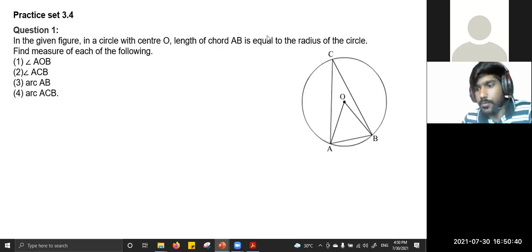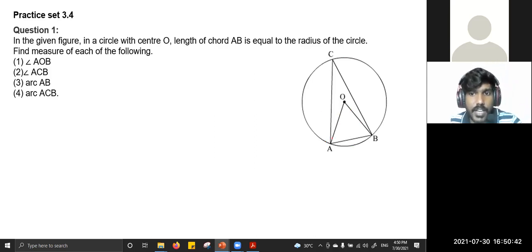Now question 3. So what will be measure arc AB? This one is the measure of angle AOB. So 60. Yeah. So can you write that?